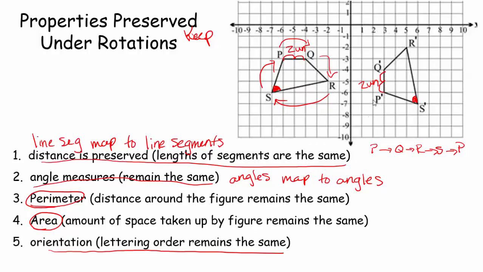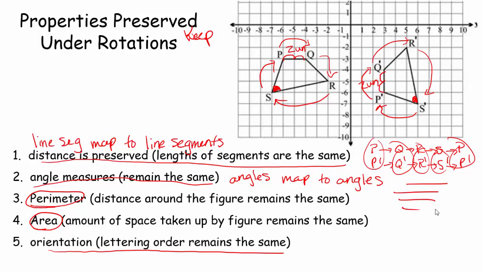On our image, P prime goes to Q prime, Q prime goes to R prime, R prime goes to S prime, and S prime goes back to P prime. Do these all match up? Oh, yes, they do. So orientation stays the same.